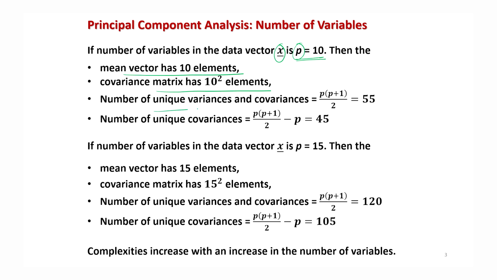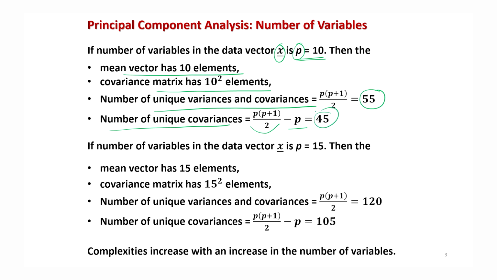The number of unique variances and covariances will be p into p plus 1 by 2, which is 55, and the number of unique covariances will be the total number 55 minus the 10 variances, that is 45.